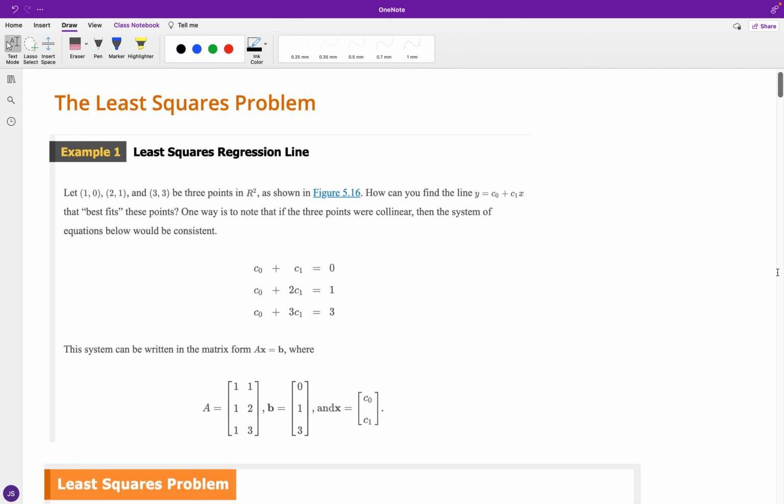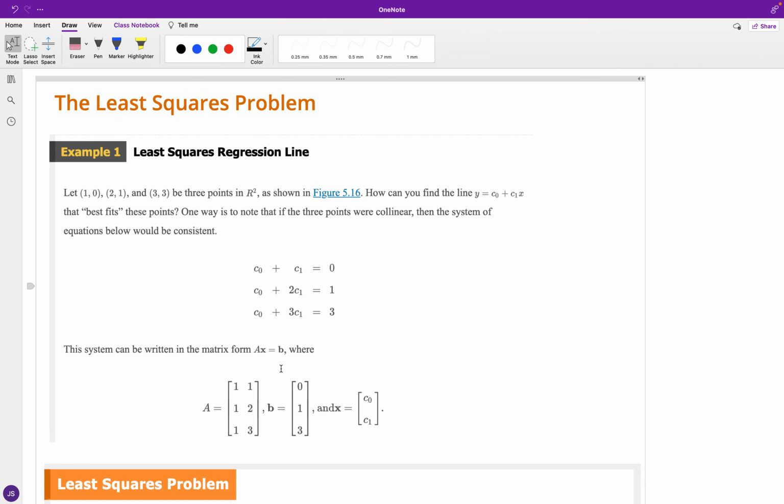Okay, and so for the system, we can write this in matrix form, where we have the equation Ax = b. A is the coefficient matrix, where from these three equations, from the c0 and c1 terms, we have the coefficients 1 and 1 from the first equation, 1 and 2 from the second equation, and 1 and 3 from the last equation.